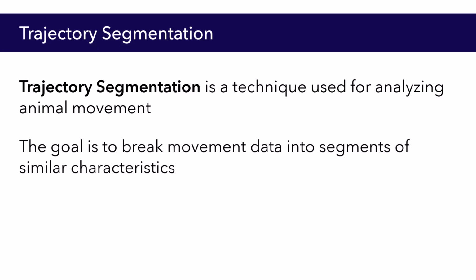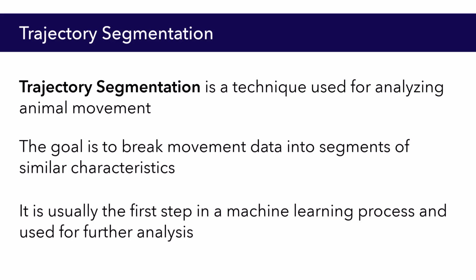In machine learning, the primary goal of segmentation is to decompose complex data into segments of similar characteristics. It is often applied as the first step in a machine learning process, facilitating further analysis and pattern discovery.